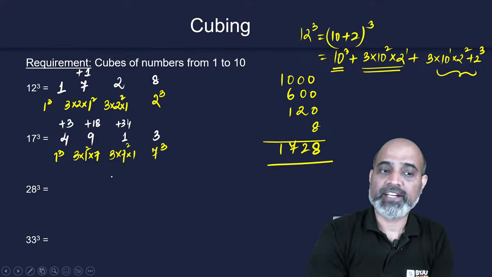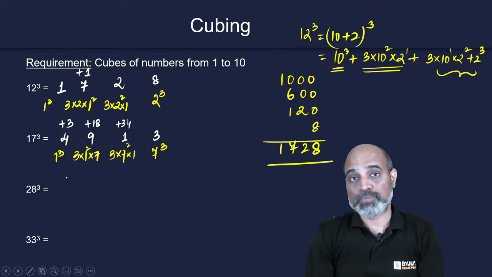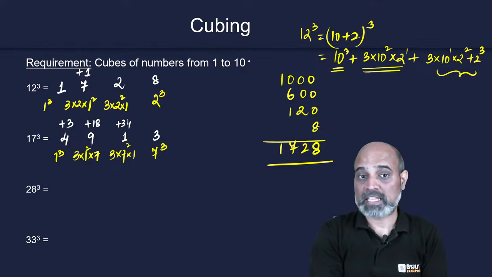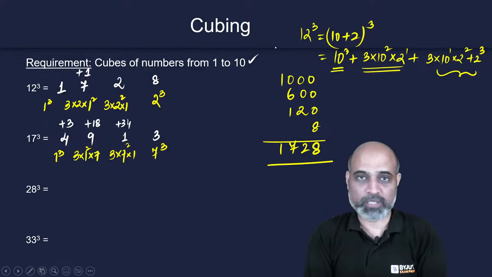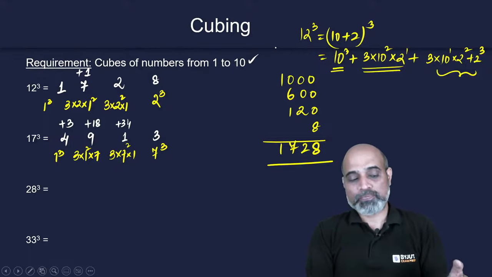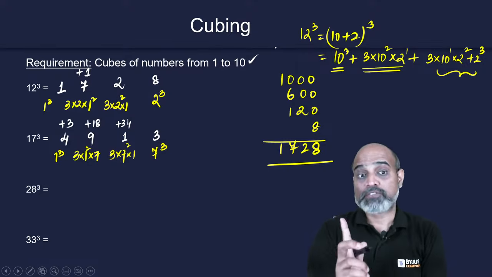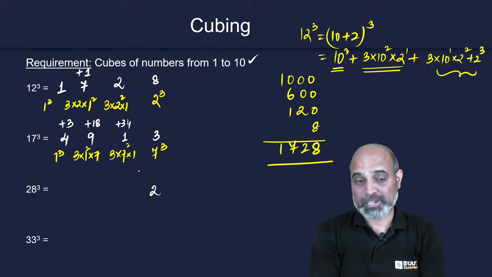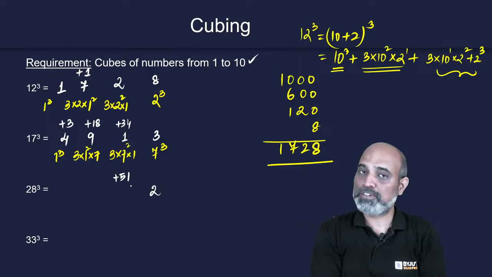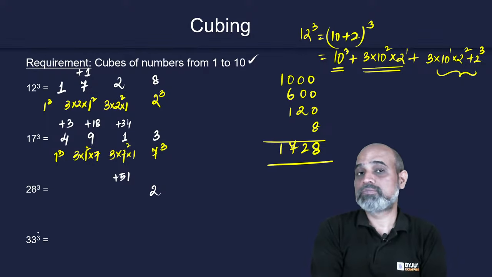28 ka cube. Let's try to write down the answer directly. Now 8 ka cube. You should be good with 8 ka cube. Right? ये 1 से 10 तक तो आपको पता ही होना चाहिए कि 8 का क्यूब भी अगर मल्टीप्लाई करके निकालना पड़ रहा है तो ये अप्रोच तो बिल्कुल हेल्पफुल नहीं है आपके लिए, राइट? सो 8 का स्क्वायर इज 64 एंड 8 का क्यूब इज गोइंग टू बी 512. 512 इज अ ह्यूज नंबर, राइट? सो 512 में से केवल आप 2 लिखोगे. 51 ऑफ 512 इज फॉरवर्डेड. नेक्स्ट इज 3 into 8 square into 2, right?